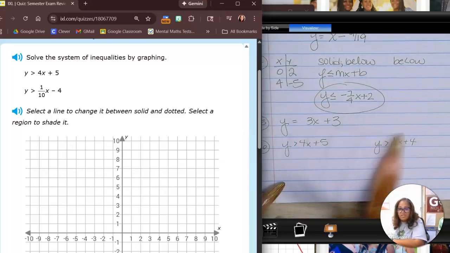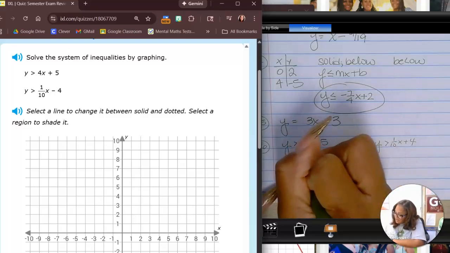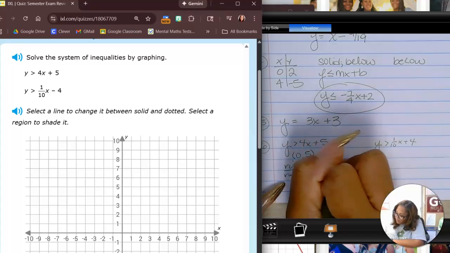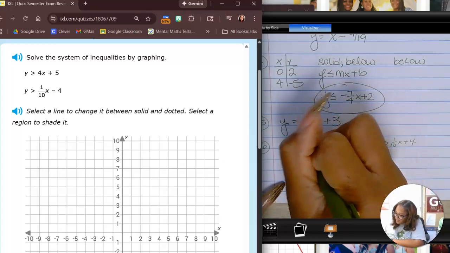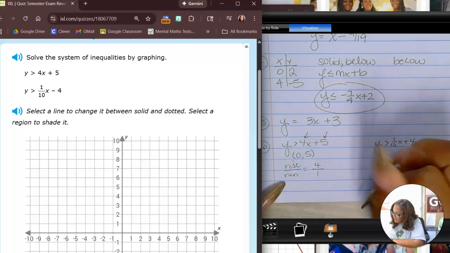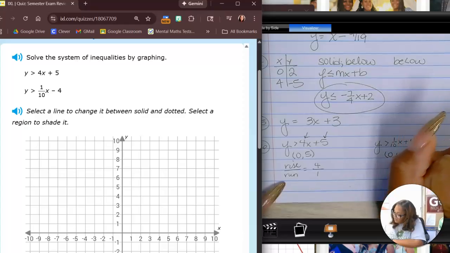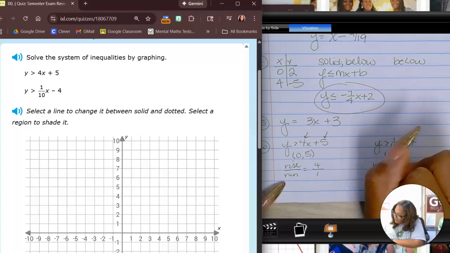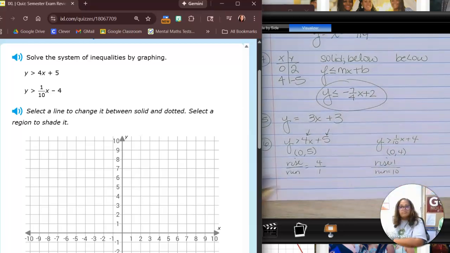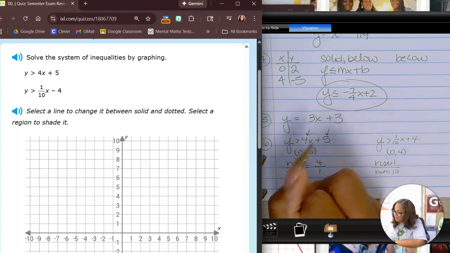What I mean by follow the slope is start at 0, 5, then rise over run, 4 over 1. That is my slope. This is my starting point. Over here, same thing. Start with 0, 4, then rise 1, run 10. Both of them are dotted and below.